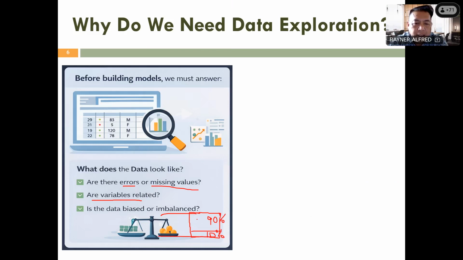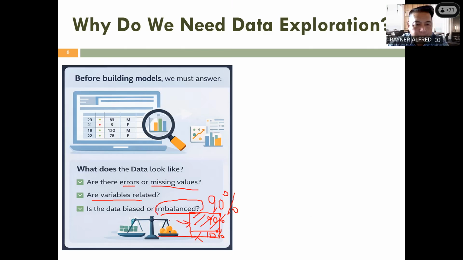Okay, so in this data set, we have an imbalanced data set because 90% do not have cancer and 10% have cancer. So for us to train our model, we will have a problem because we have imbalanced data here. Even if your model is able to predict the 90% and fails to predict the 10%, you still have 90% accuracy. So that's why imbalanced data will give you problems.